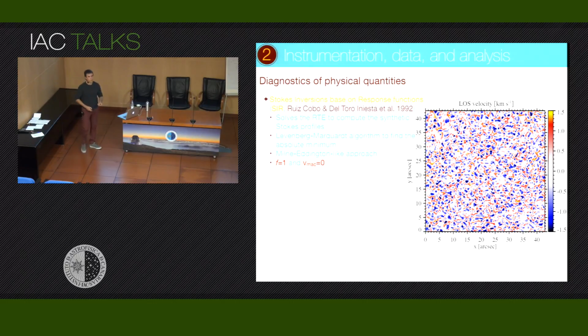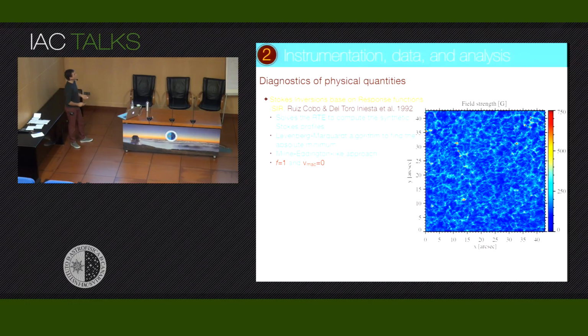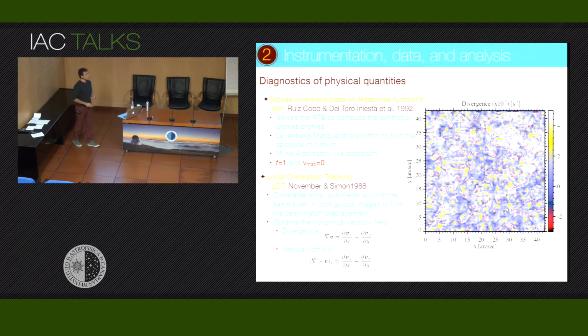We can also infer the inclination of the magnetic field lines in the different structures and their field strength, and from those two parameters, we can also build longitudinal magnetograms like the one that I show here. We also use local correlation tracking techniques to infer the proper motions of granules.